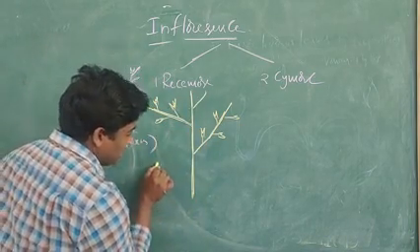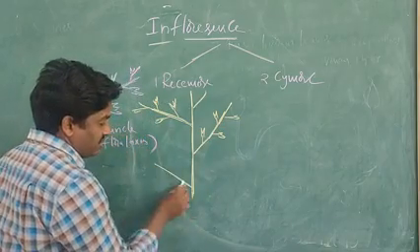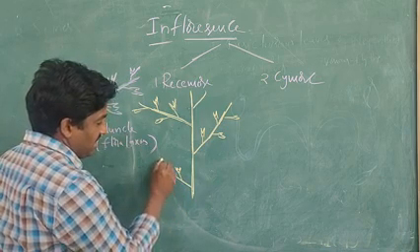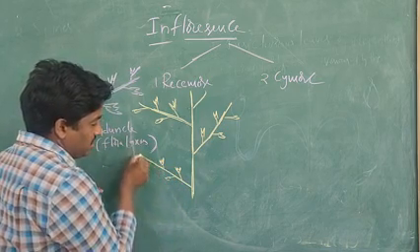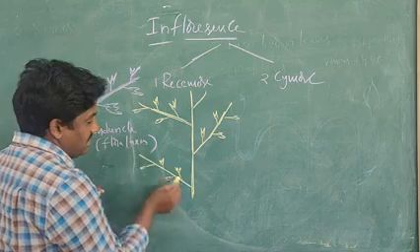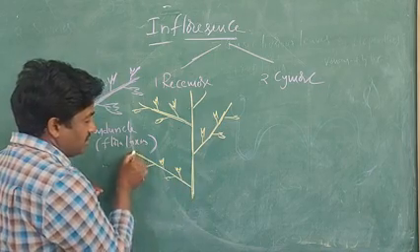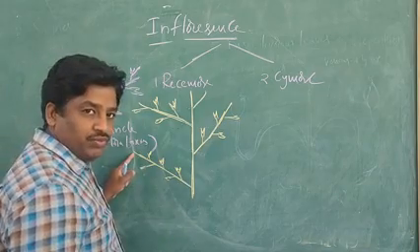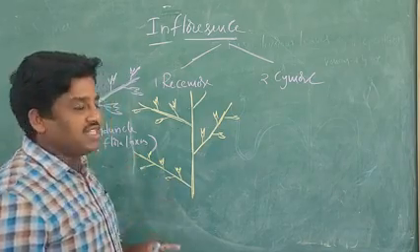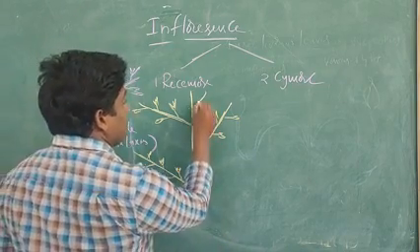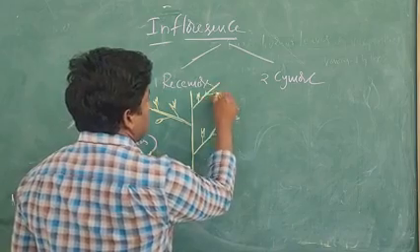Suppose you can see a flower branch is produced, a flower is produced, here again a flower, and again a flower. It continuously grows like this. This floral axis continuously grows and produces flowers. There is no stop.